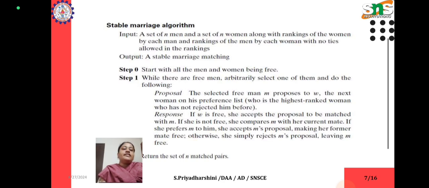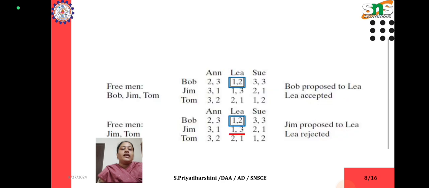Proposal: the selected free man M proposes to W, the next woman on his preference list. Response: if W is free, she accepts the proposal to be matched with M. If she is not free, she compares M with her current mate. If she prefers M to him, she accepts M's proposal, making her former mate free. Otherwise, she simply rejects M's proposal, leaving M free. Return the set of n matched pairs. This is the algorithm for the stable marriage problem.